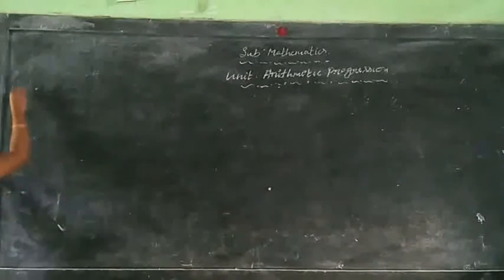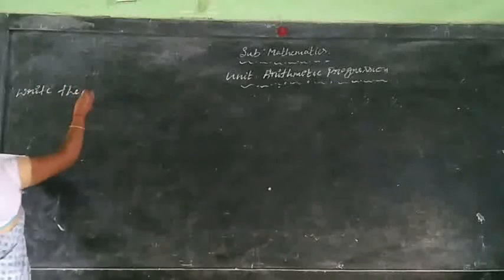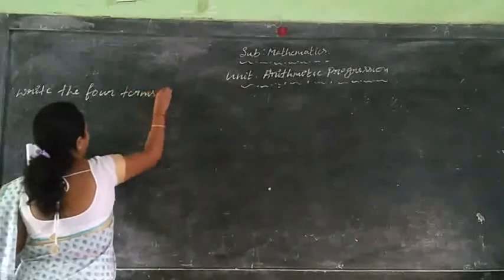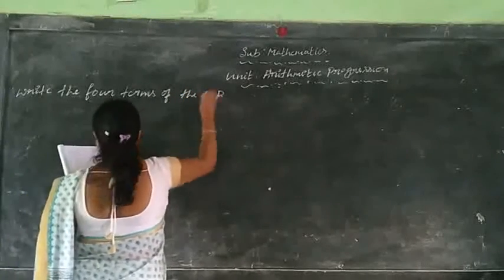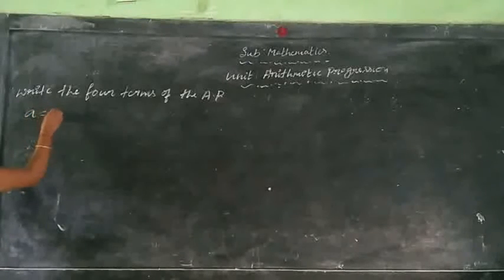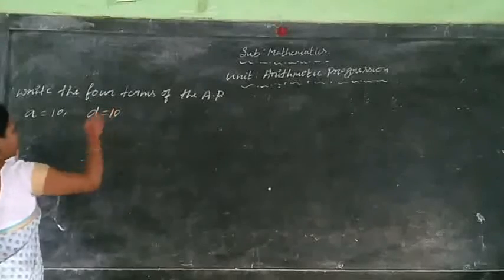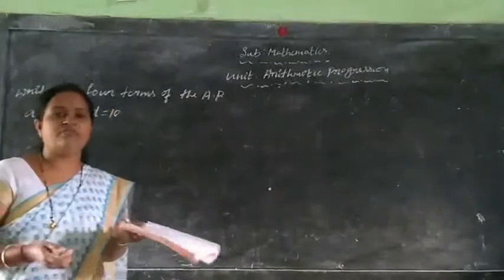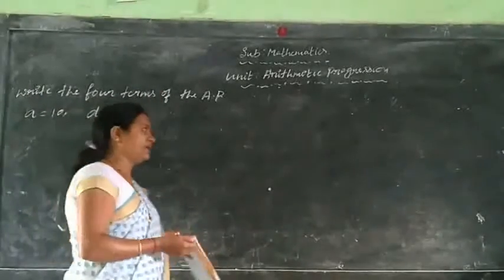See here, write the first 4 terms of the AP, when the first term is equal to 10 and the common difference is equal to 10. So, the common difference is equal to 10 and the first term is equal to 10.